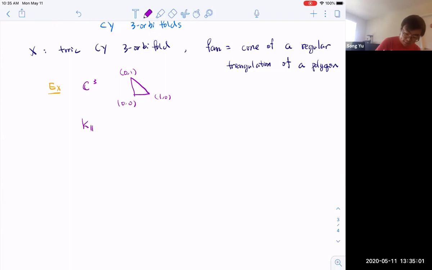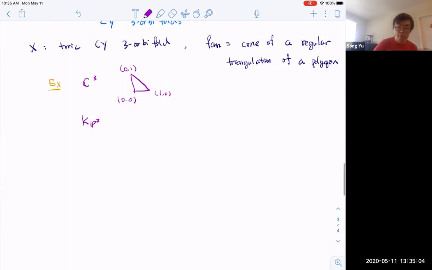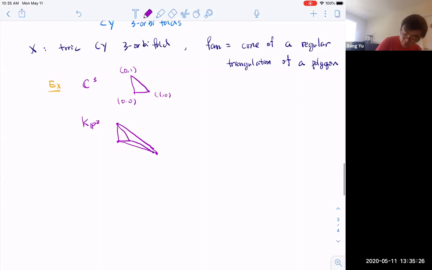And as another example, KP2, which is the total space of the canonical bundle of P2, the fan is the cone over this triangulated triangle. So here this point is 3, -1, and here this is 0, 1, 0, 0.